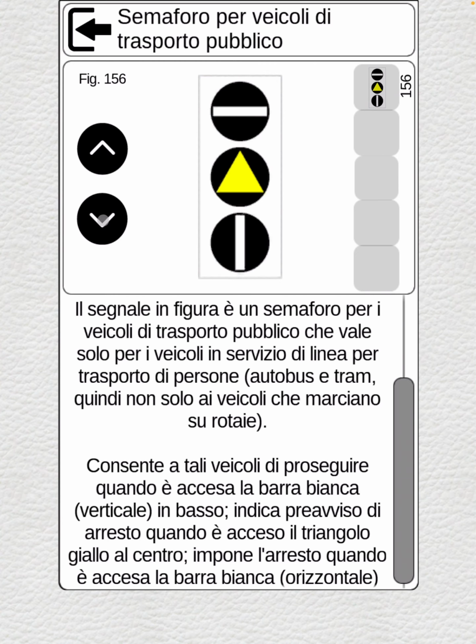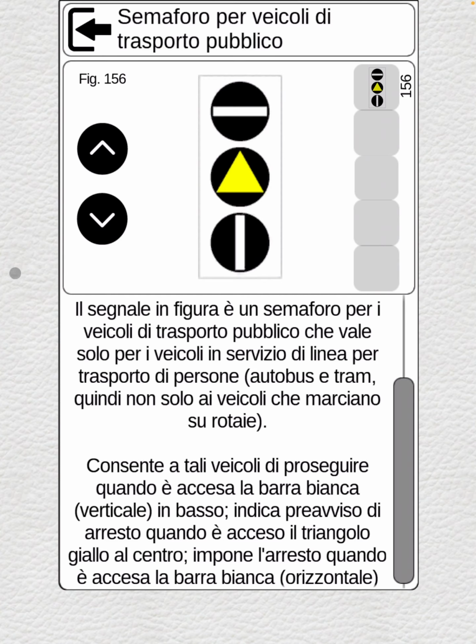Il segnale in figura è un semaforo per veicoli di trasporto pubblico che vale solo per veicoli in servizio di linea per trasporto di persone, autobus e tram. Quindi non solo ai veicoli che marciano sulle ruote. So what they are talking about, this traffic light is for all those public buses, taxis and trams.